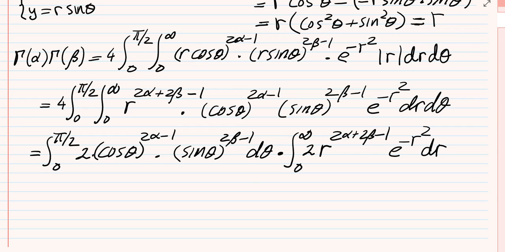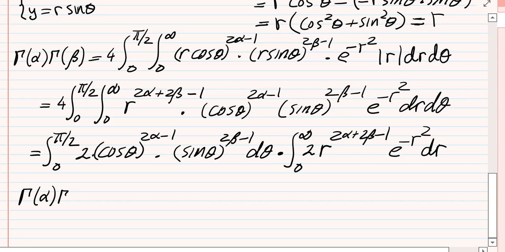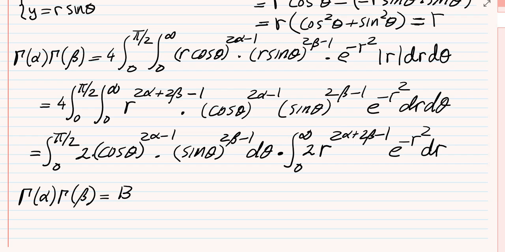Okay, now clearly what's in here, the first integrand, we recognize this as the trig form of the beta function. Therefore, gamma alpha, gamma beta is going to equal, more specifically, the beta function of beta, alpha.